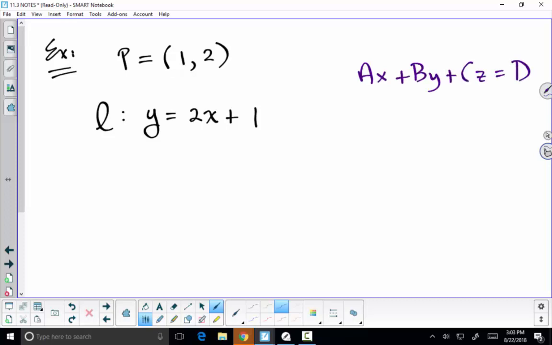Isn't that the simplest equation with 3 variables? The simplest type of equation in any space is the linear equation. So in 2 space, the simplest equation is ax plus by equals c, a linear equation, and that is certainly a line.